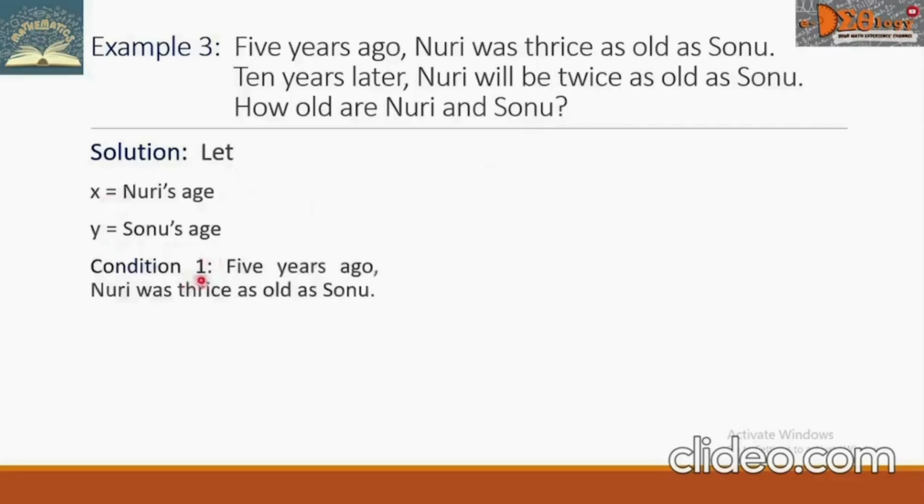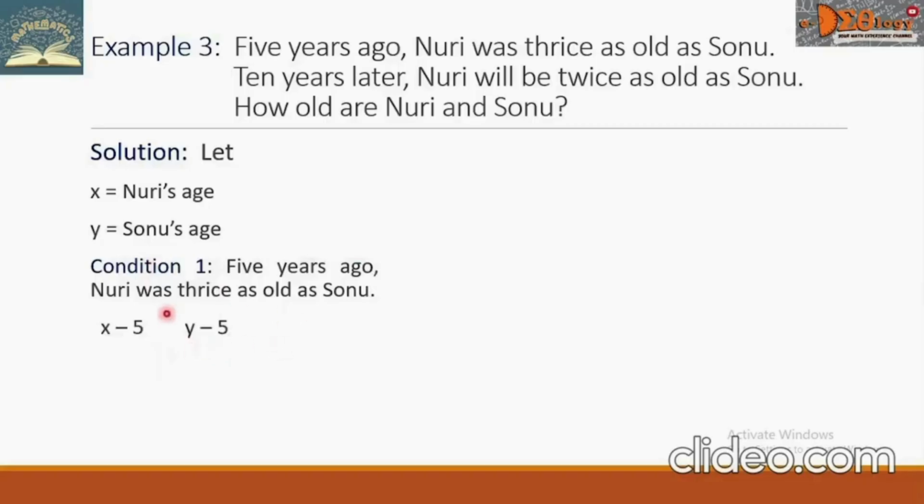Now condition 1, 5 years ago, Nuri was thrice as old as Sonu. Let us represent the 5 years ago with respect to the age. So for Nuri, that is x minus 5. For Sonu, that is y minus 5.